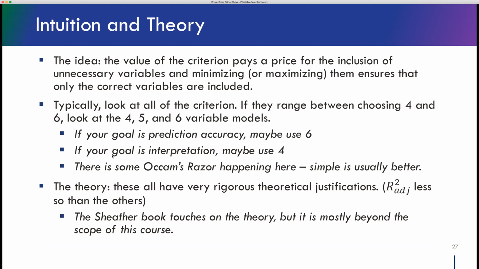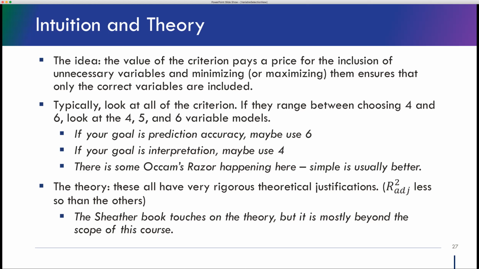But if you want to get better interpretation, then you want a simpler model. So maybe you can use the one with 4 variables. So in terms of variable selection, this is just like the law of parsimony, which basically means the simpler, the better in terms of model selection, in most cases.